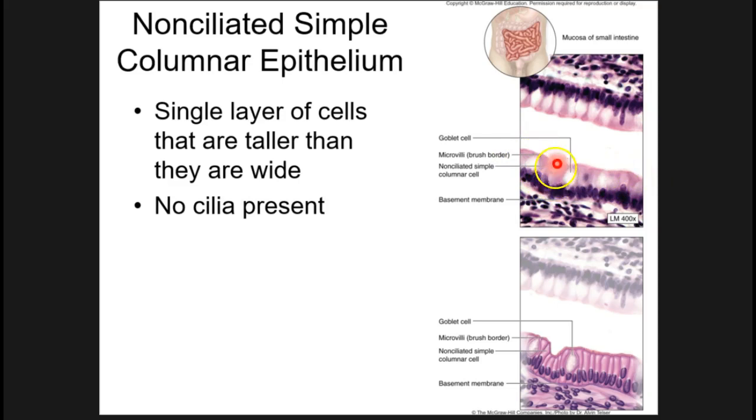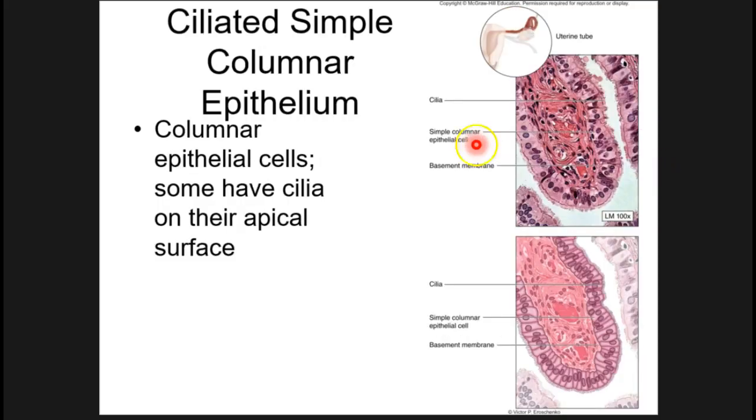See how it's just a little hazy right there? Versus ciliated, which is going to be a little bit longer, a little bit brushier. That's a bad word to use because we just use brush border for microvilli. A little bit more spiky right there, right?